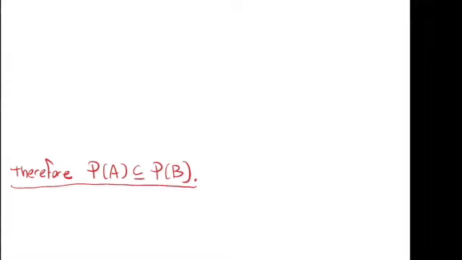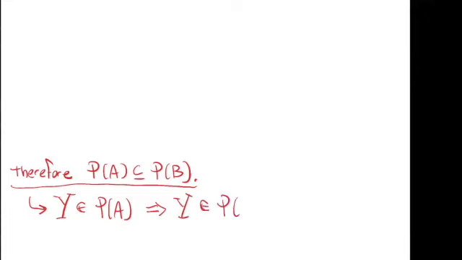Again, if we want to prove that the power set of A is a subset of the power set of B, then I need to show that any element in the power set of A, and remember, the elements of power sets are sets themselves. So if I have some set Y, which is in the power set of A, we would like to show that it implies that Y is also in the power set of B.